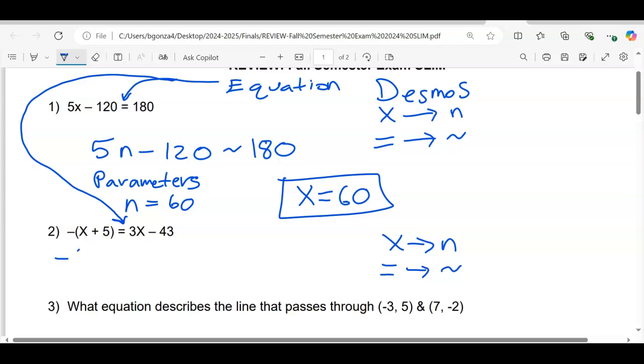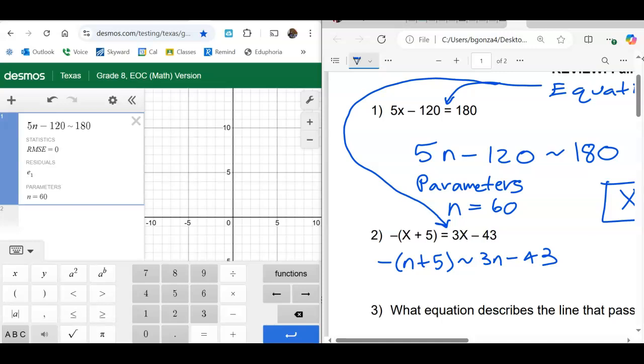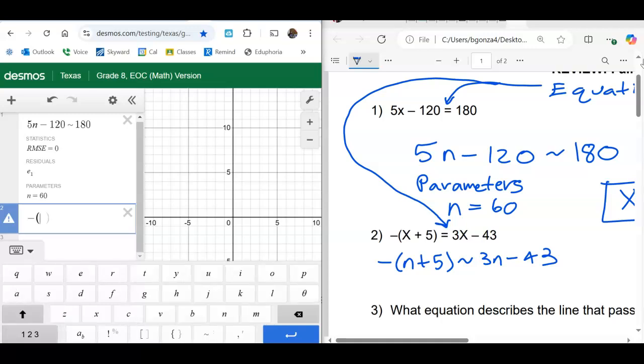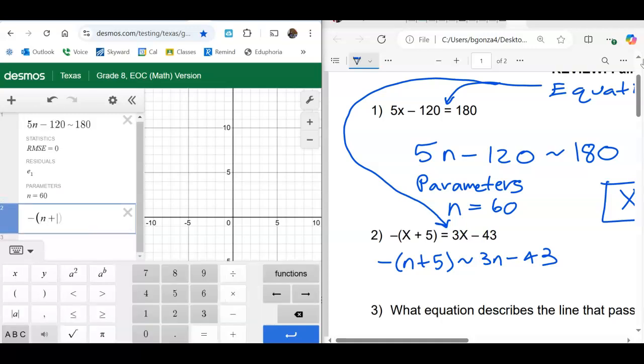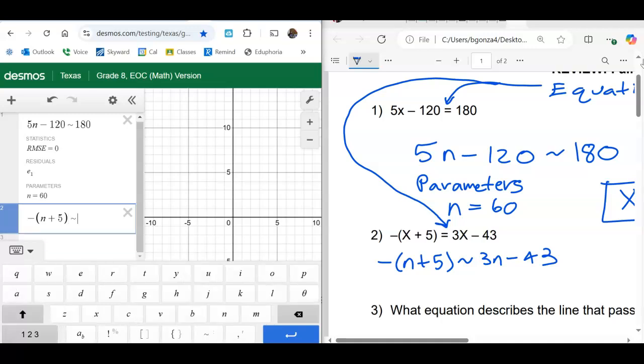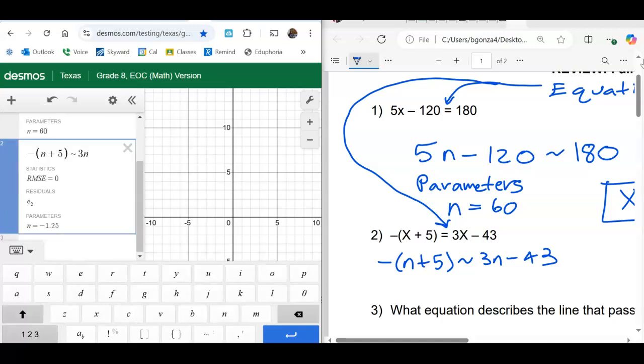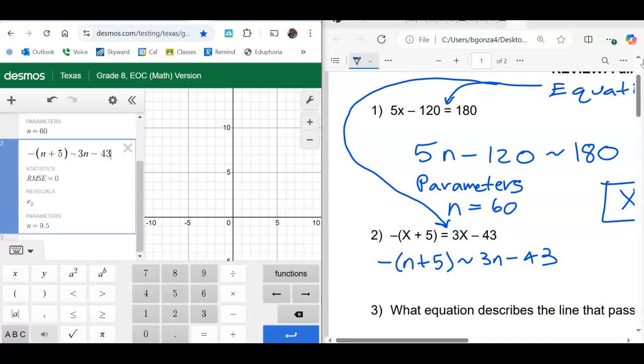So negative n plus 5 tilde 3n minus 43. Let's type it in. Negative parentheses n plus 5 tilde 3n minus 43.